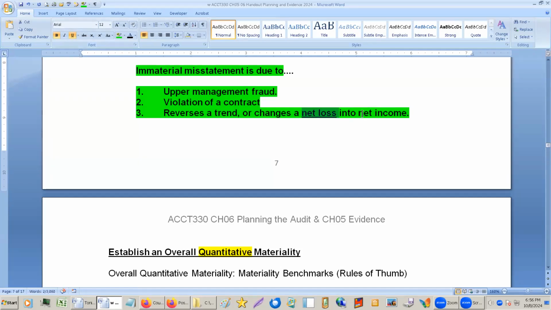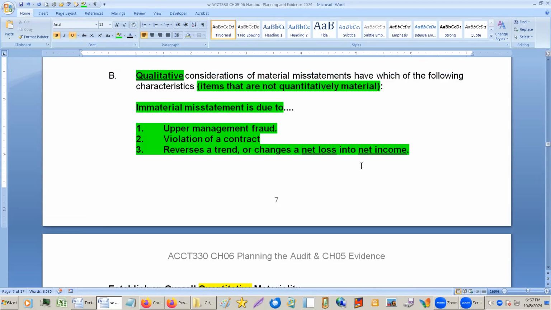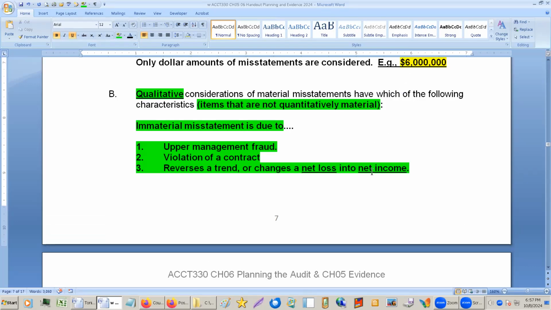So if it changes your perception, let's say that you have a small loss and they cook the numbers to come up with a little bit of net income. Okay, it's not material, but instead of a $100,000 loss, they have a $200,000 net income. Less than the 6 million.